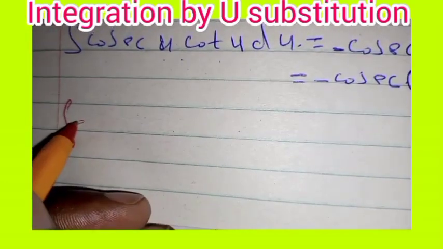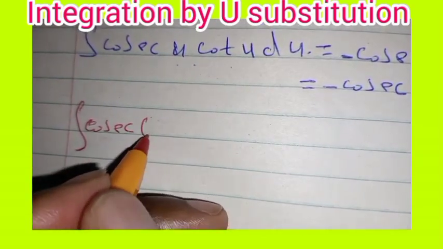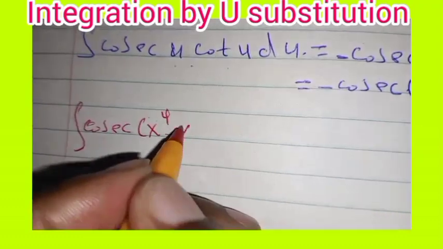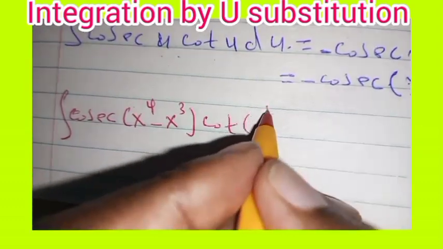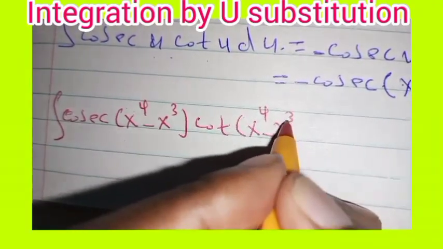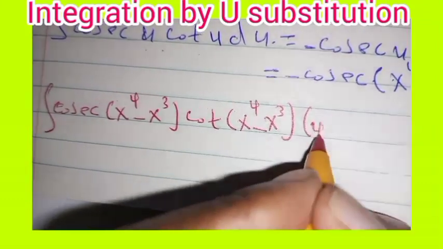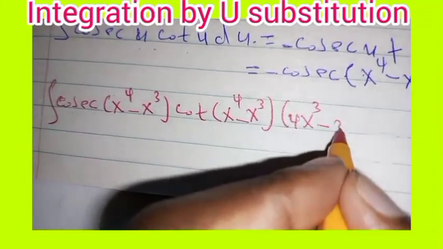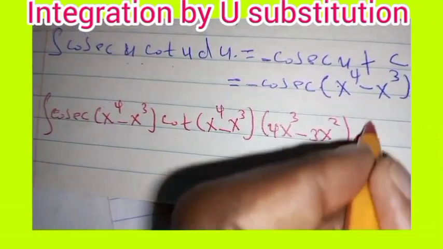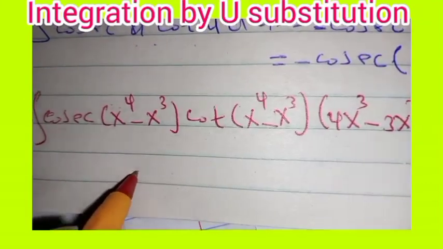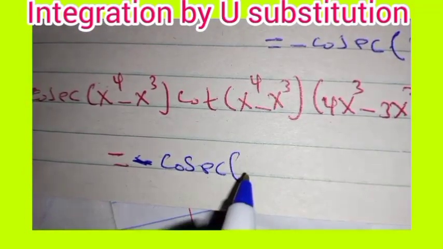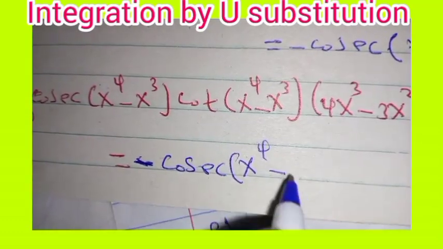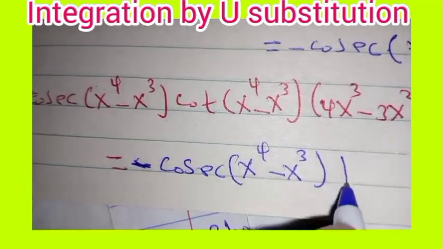Hence the integral of cosec of x power 4 minus x power 3 cot of x power 4 minus x power 3 multiplied by 4x cubic minus 3x squared dx, the result will be negative of cosec of x power 4 minus x power 3 plus constant c.